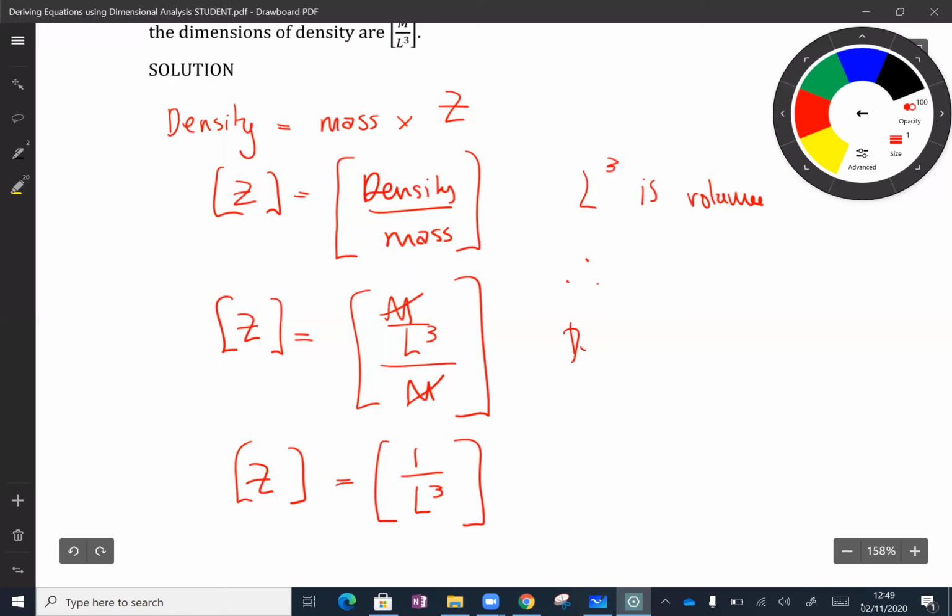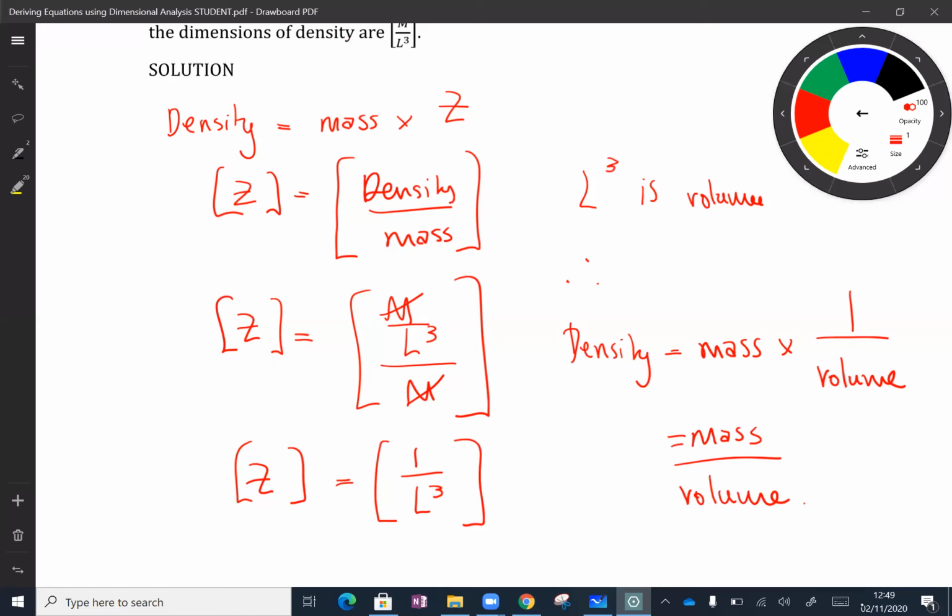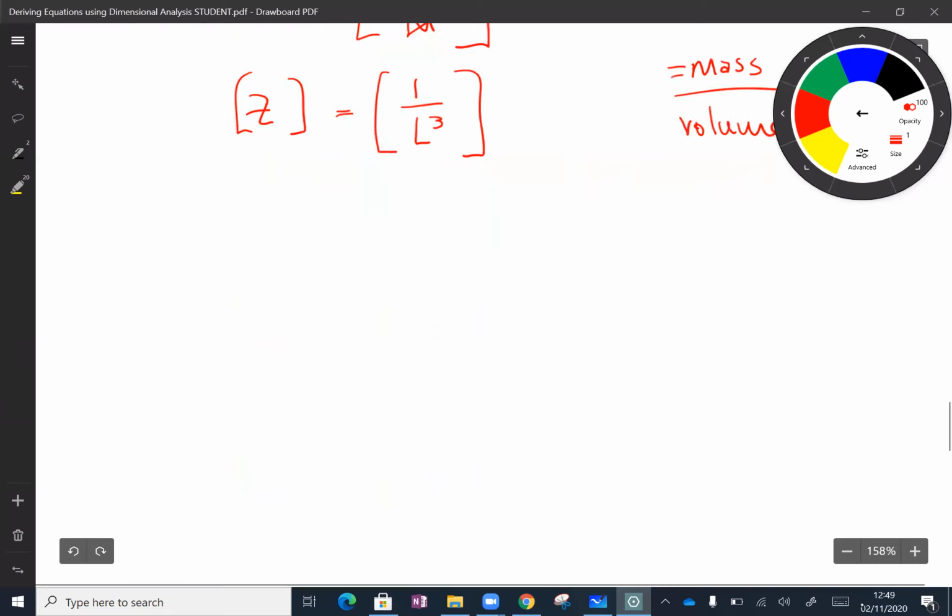Therefore density equals mass times 1 over volume, which is the same as divided by volume. So density is mass over volume, which again is the correct expression, because we know these equations exist. But this is how you need to show it.